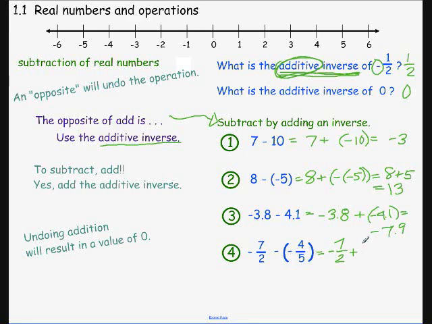So we could just write this as 4 over 5. Now, it is a little complicated, isn't it? Because these halves and these fifths are unlike. What do we have to do? Find a common denominator.